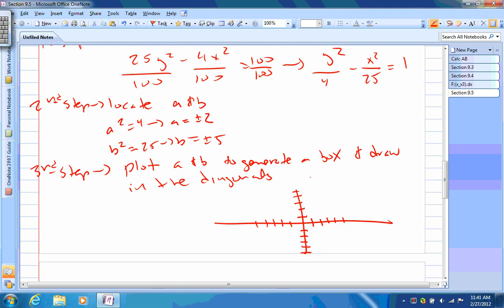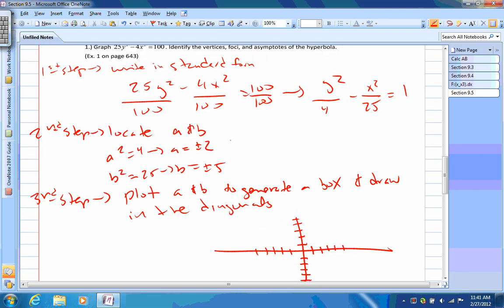Now in this case, a is going to go with y, and b is going to go with x. That's because a squared is beneath y squared, and b squared is beneath x squared.